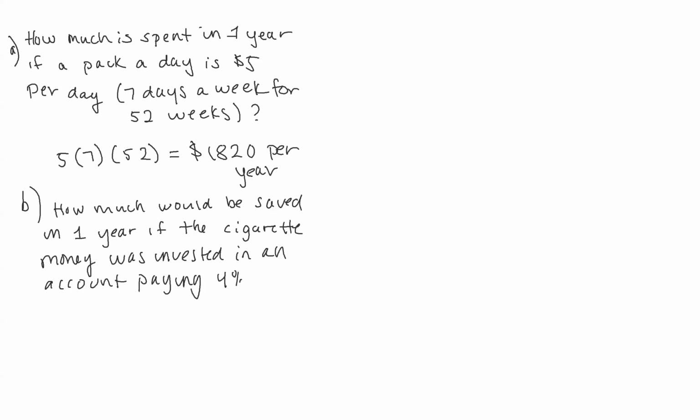Again, if the percentage is just given to you flat out, assume it's annual. So we want to know the future value of 1820 at 4% for 1 year.